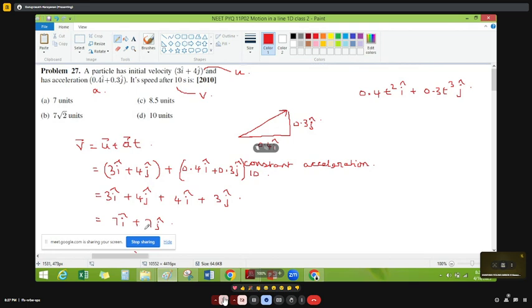So that means it will be 7 squared plus 7 squared. If I take 7 squared out commonly, it will be 1 plus 1. So that's my answer.